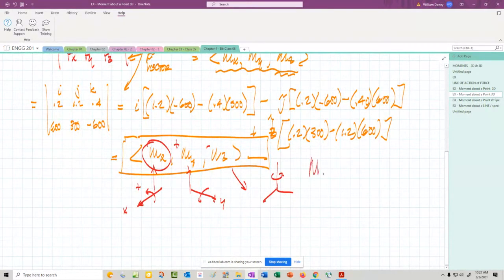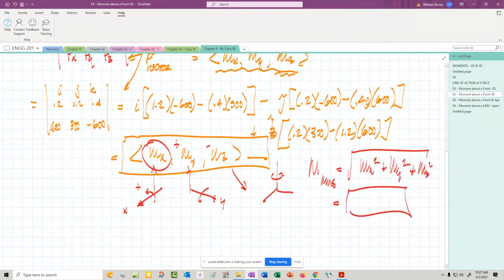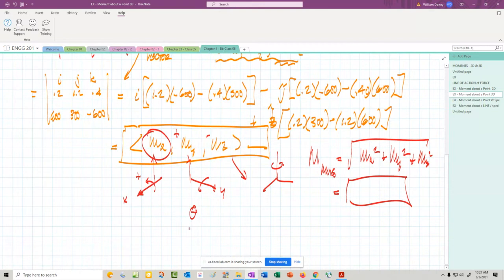The other thing, if I wanted to find a moment's magnitude, just like Pythagorean's theorem, I take Mx squared, My squared, and Mz squared, find the square root, and that gives me the magnitude. If I wanted to find the direction cosines, you're so happy to hear that you can still do that.